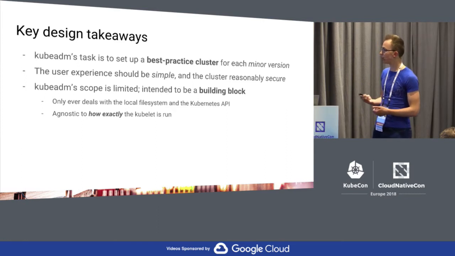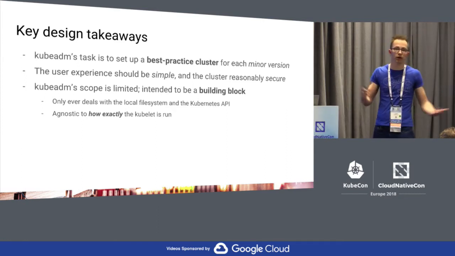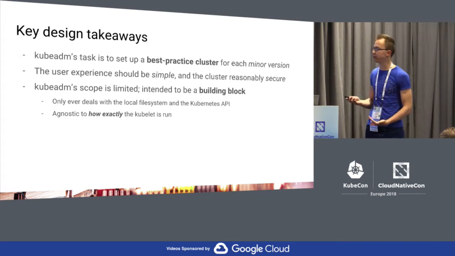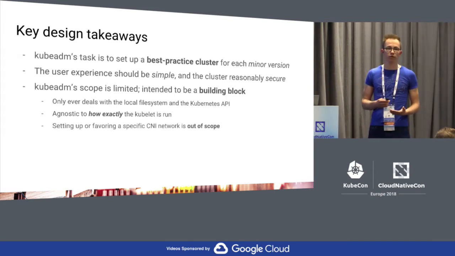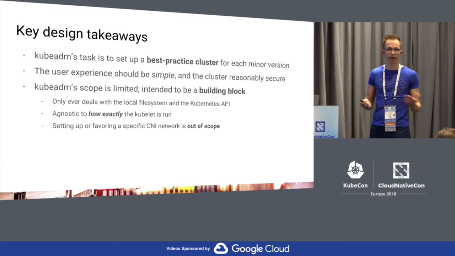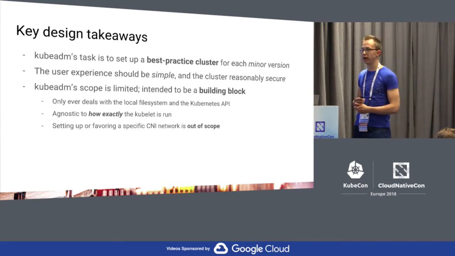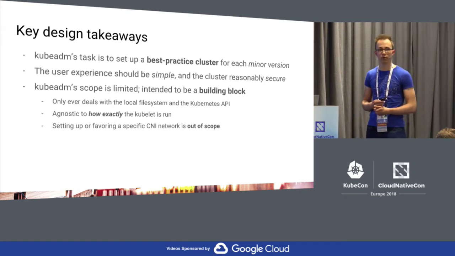That means you can run it Dockerized, on systemd, however you want, as long as you have something that executes. And favoring one specific CNI implementation is out of scope. That was one of the early design decisions. You should be able to choose your favorite, and then it's just a kubectl apply away after kubeadm init.